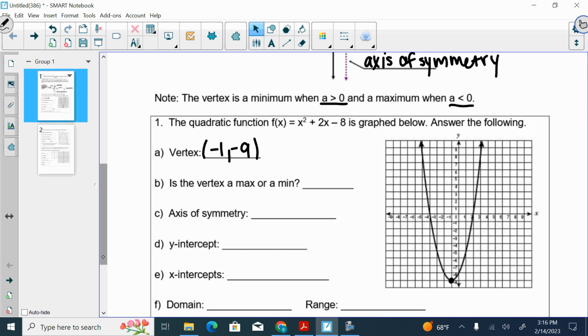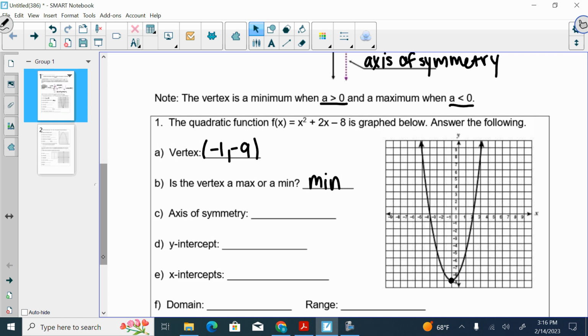Then they asked, was this a maximum or a minimum? Well, it's all the way down here at the bottom, so would that mean a maximum or a minimum? Minimum, good. So this is a minimum. Okay, then it asked for my axis of symmetry. So remember, our axis of symmetry was that dotted line up there where we could fold everything in half, right?